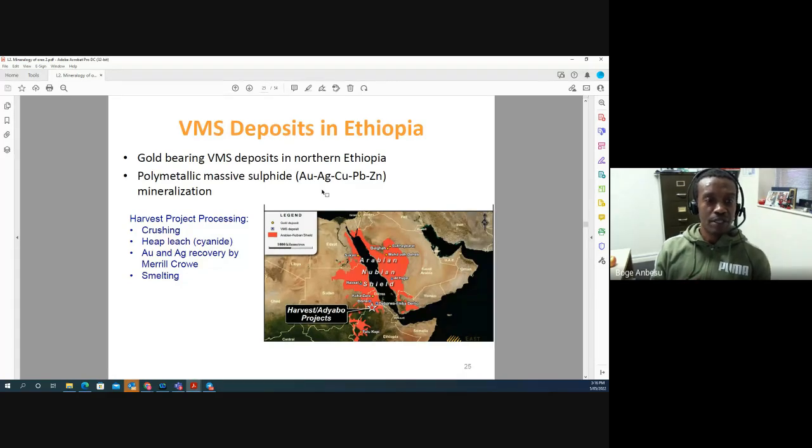which I thought was very odd because typically when you look at a VMS deposit with very complex mineralogy, potentially fine sulfides in intimate association with one another, the easiest thing to do would be to first bulk float all the sulfides.